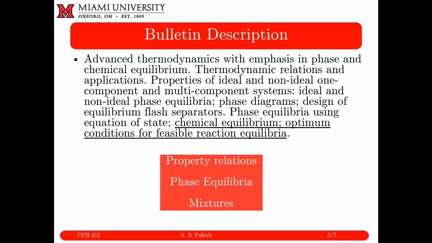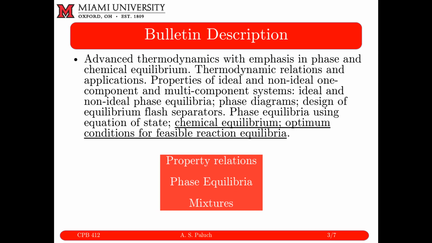The bulletin description of this course is Advanced Thermodynamics with emphasis in phase and chemical equilibrium, thermodynamic relations and applications, properties of ideal and non-ideal one-component and multi-component systems, ideal and non-ideal phase equilibria, phase diagrams, design of equilibrium flash separators, phase equilibria using equations of state, chemical equilibrium, and optimum conditions for feasible reaction equilibrium.